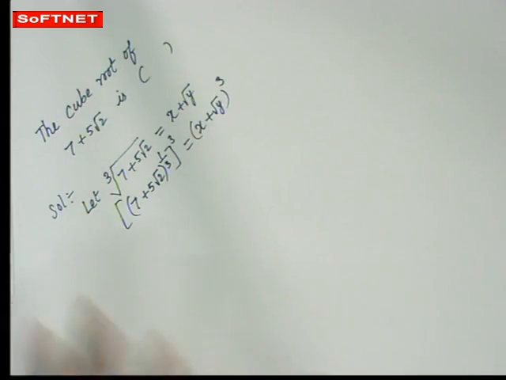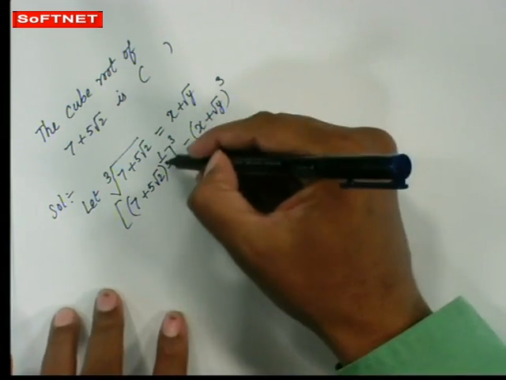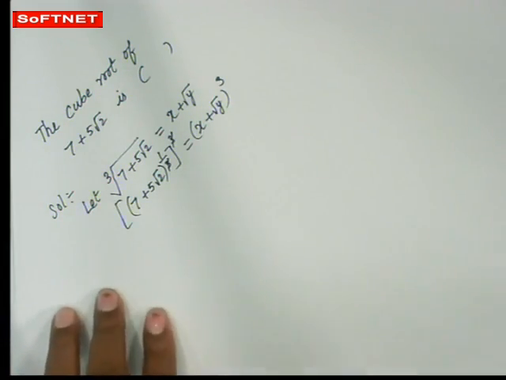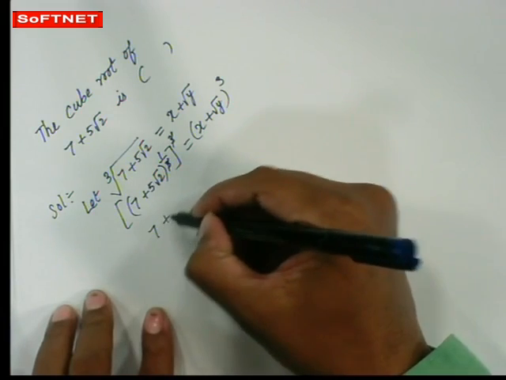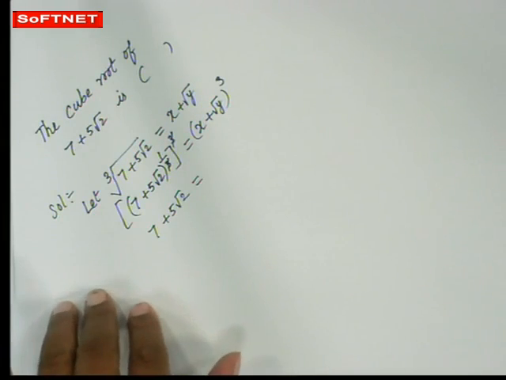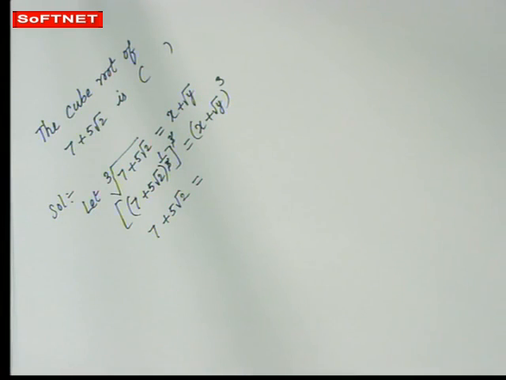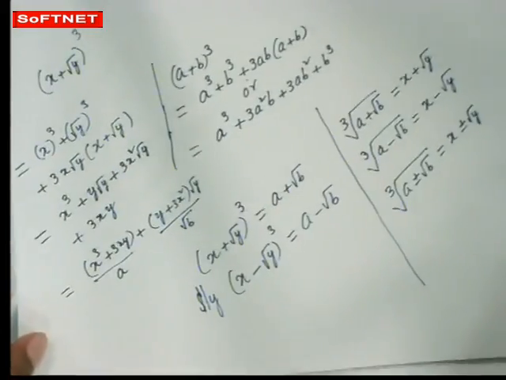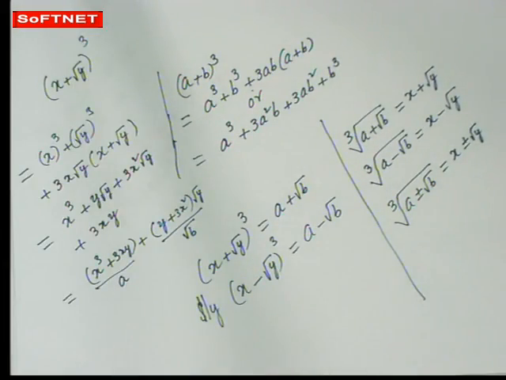This problem I discuss very clearly, after that I go directly to the problem itself. So now the 3 gets cancelled: 7 plus 5 root 2 is equal to x plus root y whole cube.